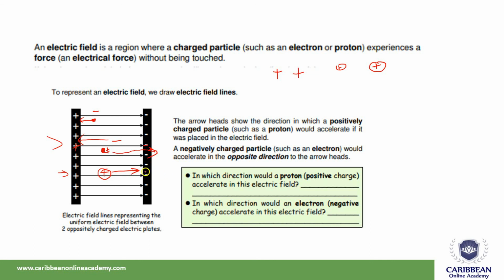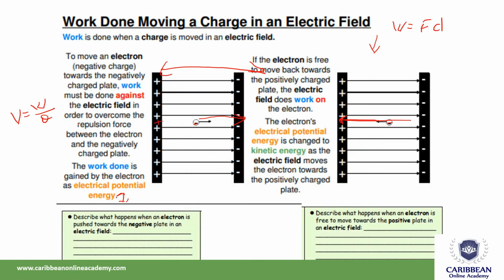All right, and hence it would accelerate towards that side. For the negative charge, it will accelerate towards this side because of the nature of the charge being negative and this side being positively charged. All right, so that explains that, but there's more to it.